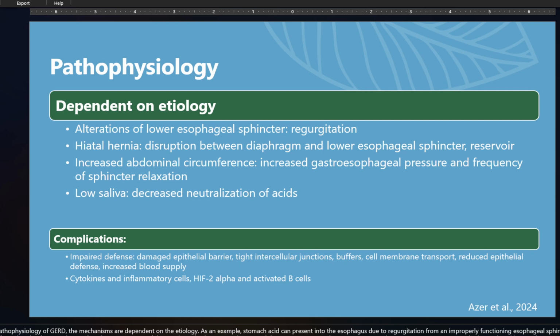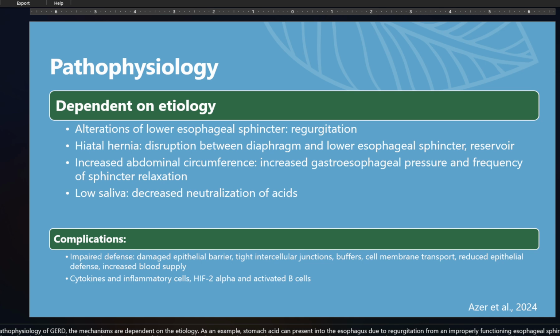However, in a patient who has a hiatal hernia, there is an anatomical disruption between the esophagus and the diaphragm, causing an improperly functioning esophageal sphincter. Additionally, the hernia itself can act as a reservoir for containing stomach acid, resulting in further irritation.